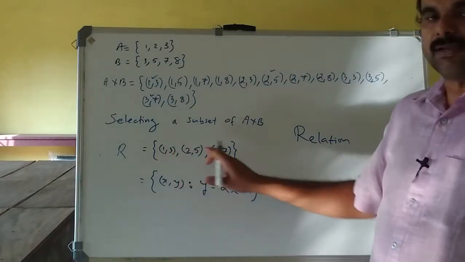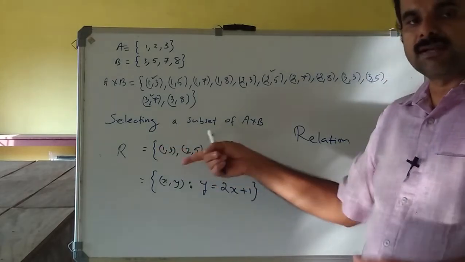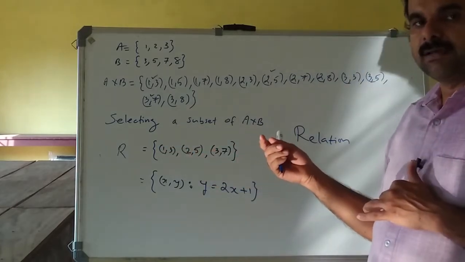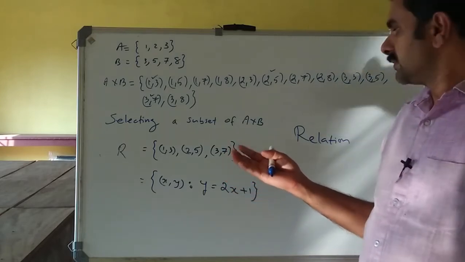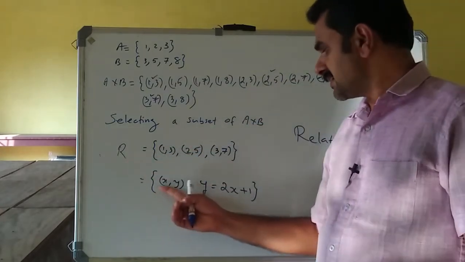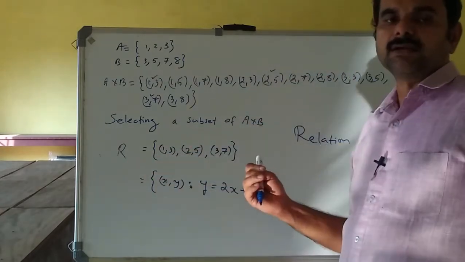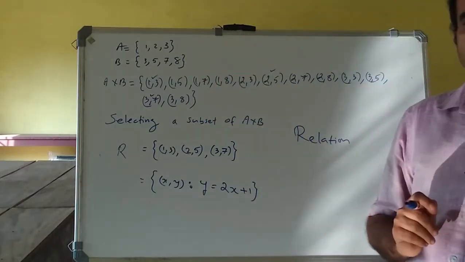Here, double of the first number plus 1 is my choice. Similarly, you can select your own choices, so there will be different relations. This relation is only an example. You can create many different types of relations.